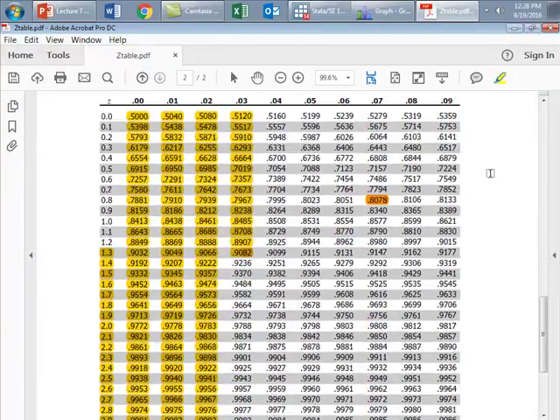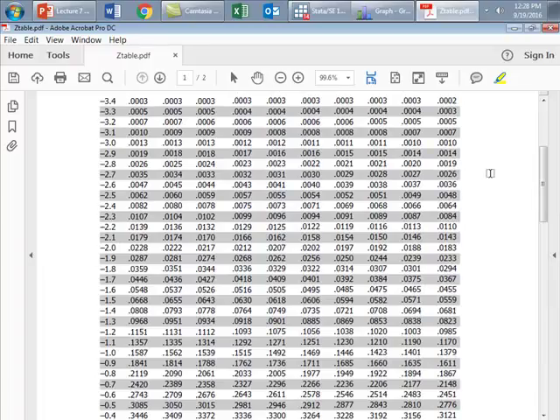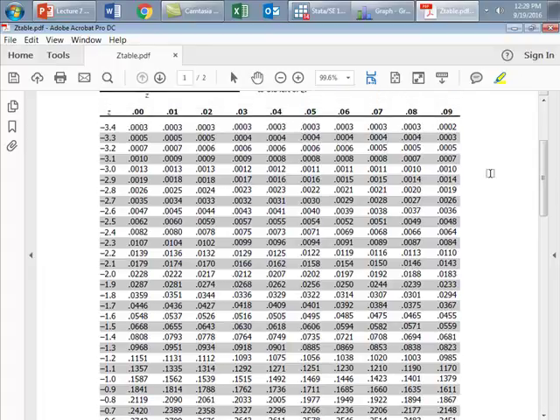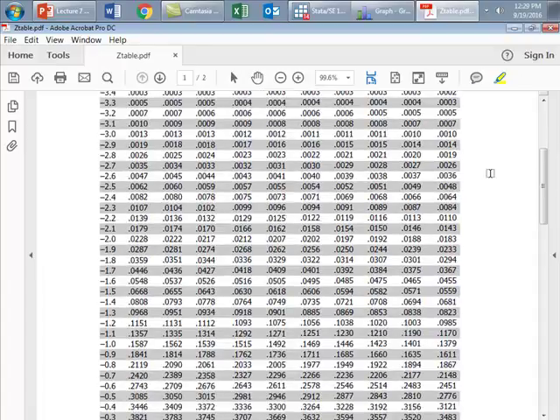So 0.33 is what? Yeah, turn your page over. Oh, small detail. All right. -0.33.